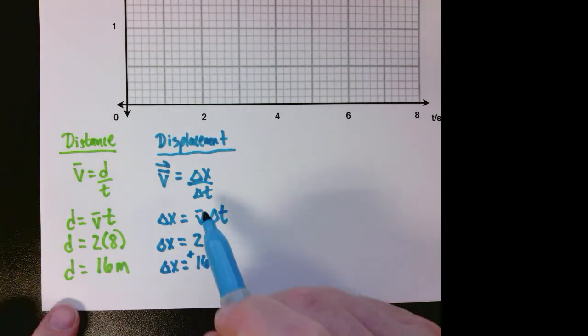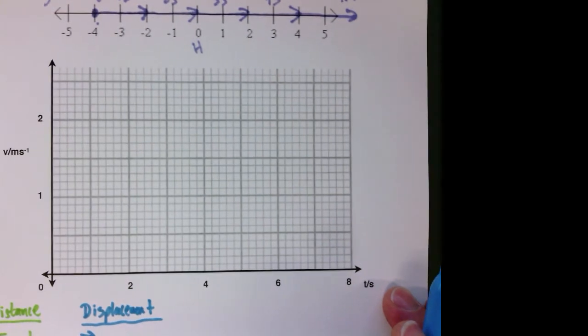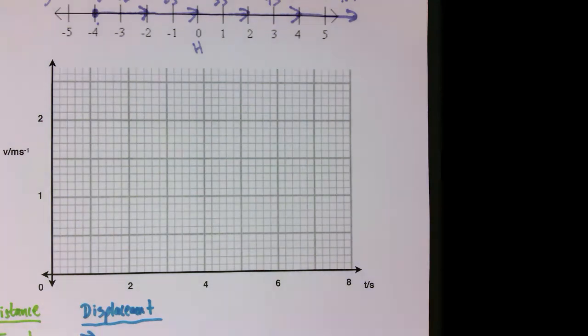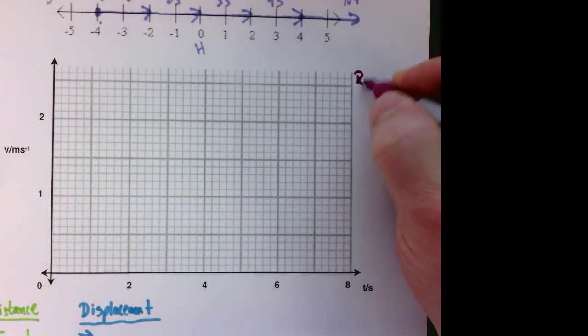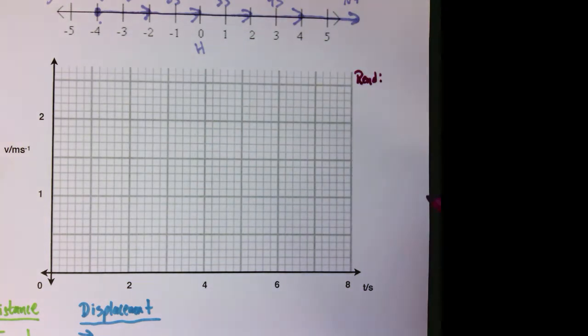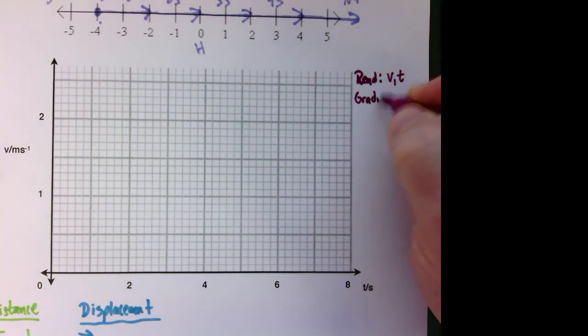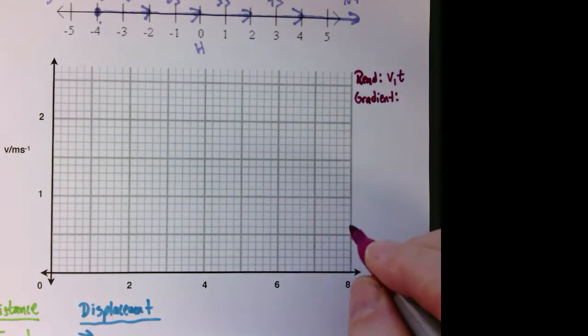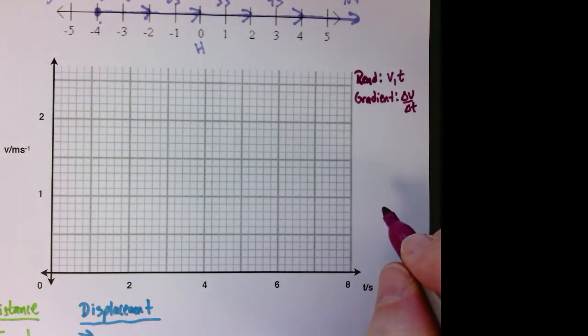I want to pause our calculations now to talk a little bit about the graph. Earlier we learned that with every graph there are three valuable bits of information that we may be able to get, and how to get them. The first thing we can get off any graph is the information we can read. And we can read the axes, velocity and time. We can glean something oftentimes from the gradient, which in this case is delta v over delta t, which you may remember is the acceleration.